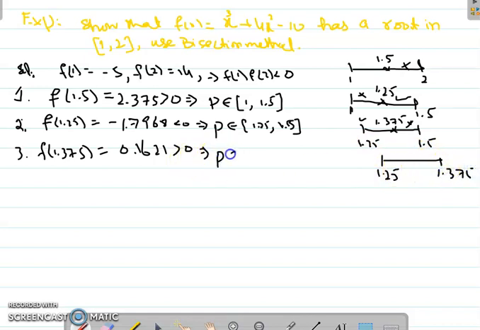So the root belongs to the interval 1.25 and 1.375. So we will keep continuing this and find the middle point of these two.